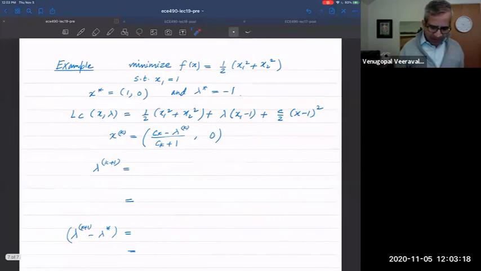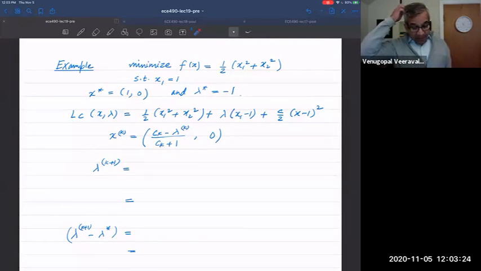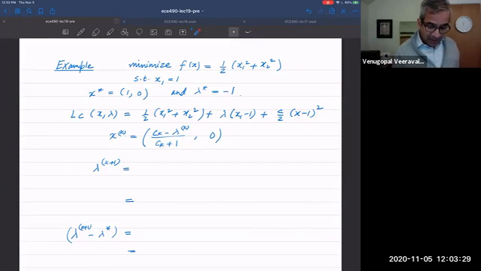But let me give you a simple example to illustrate that this kind of thing can actually work. Let's look at the case where we have a linear equality constraint, a very special case that we just studied earlier. We have a convex function and a linear equality constraint. We know the solution is x star is (1, 0), and lambda star is -1.